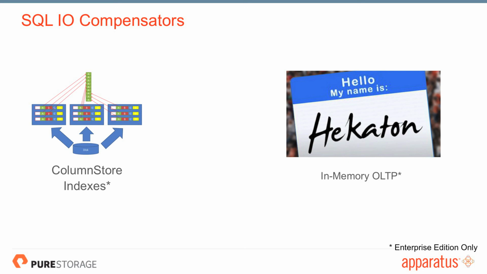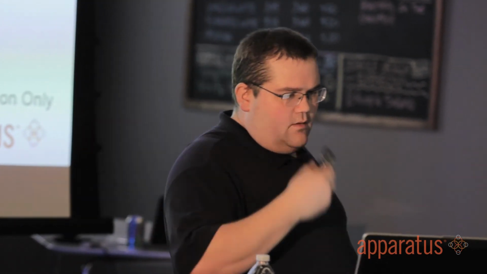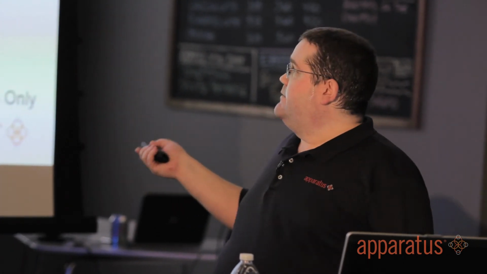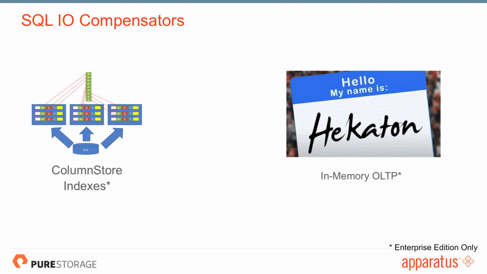In-memory OLTP. So this one is more of a logical I/O compensator, but it is new to SQL Server 2014. Hekaton is the code name, but it's actually in-memory OLTP. And it takes an OLTP workload that would normally be memory resident and makes it even faster.